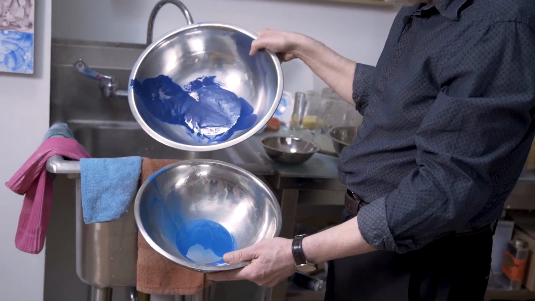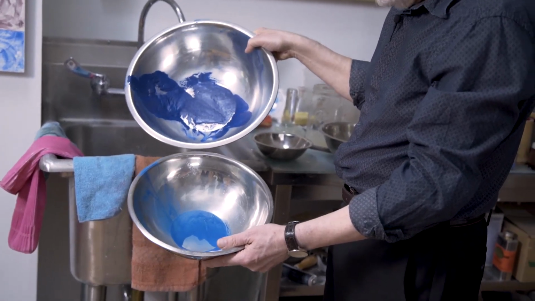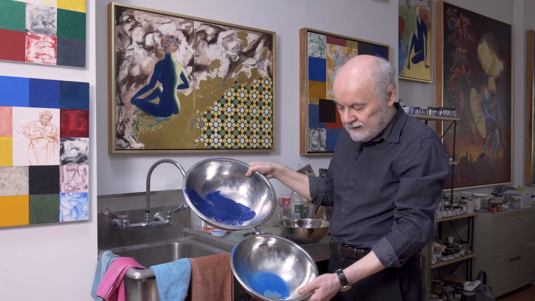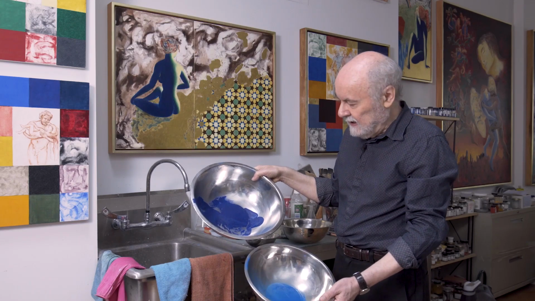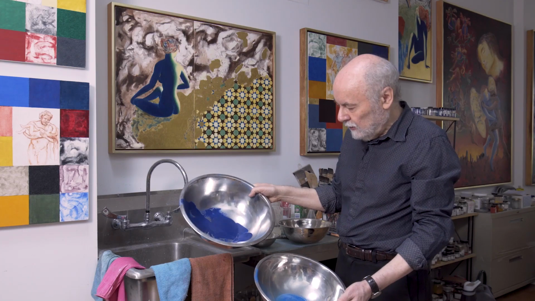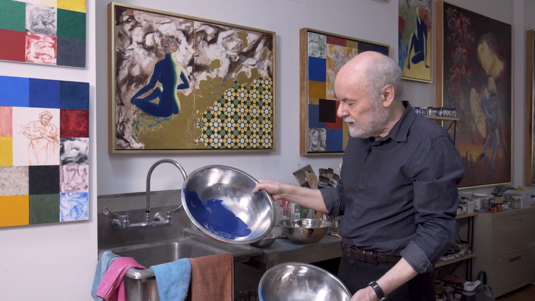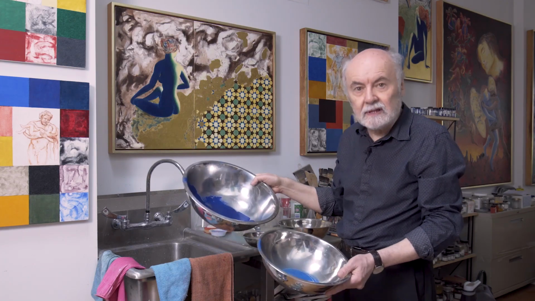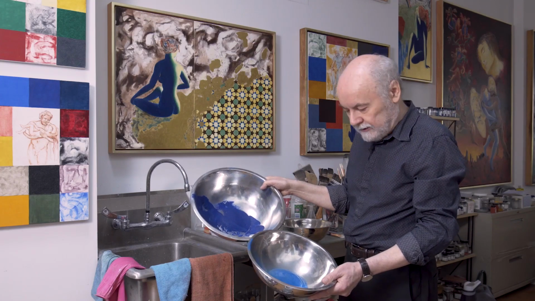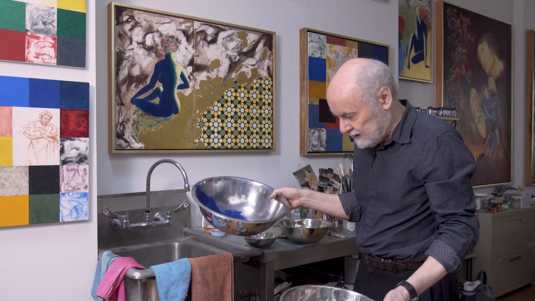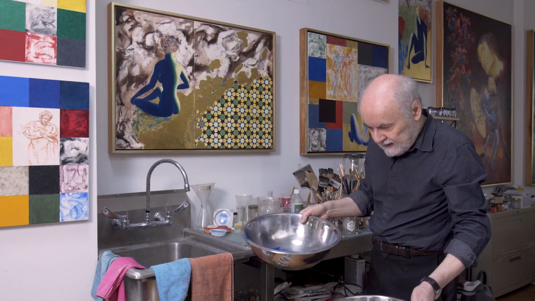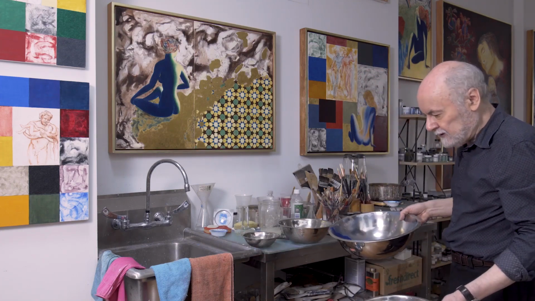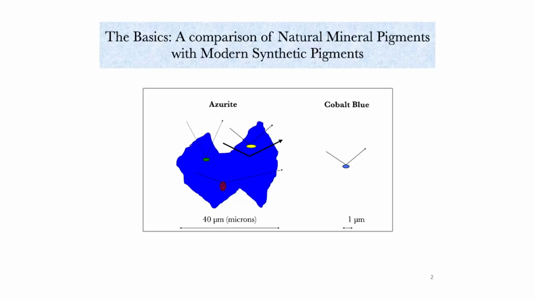The large particle azurite is a deep blue, and the smaller particles of azurite give you pale sky blues. Also, it is so important to get rid of these impurities because they affect the chroma of your pigment. So I will stop this process now and then move on to the next stage.